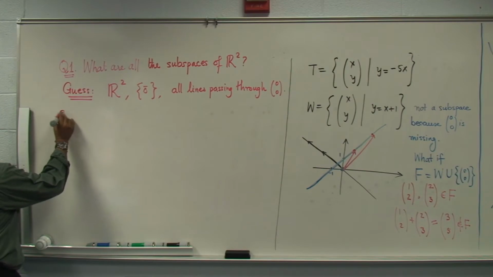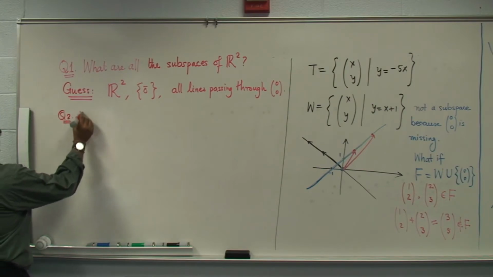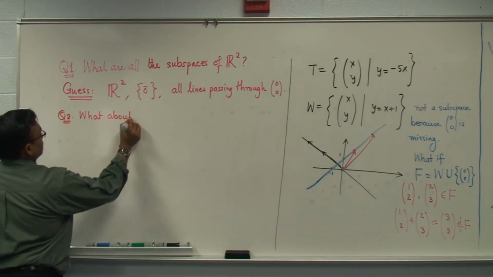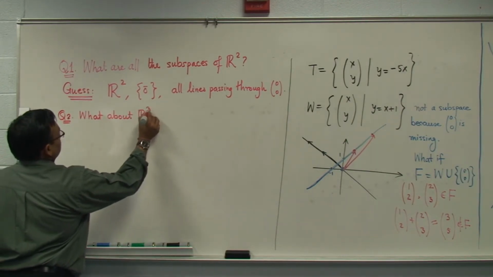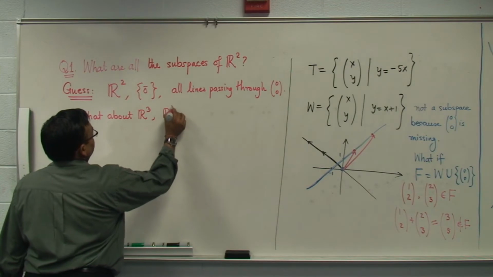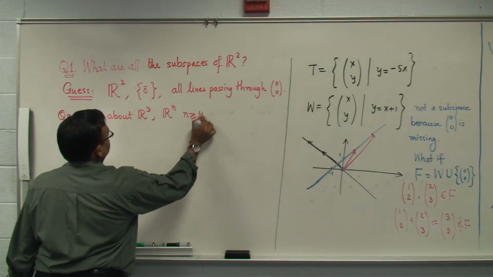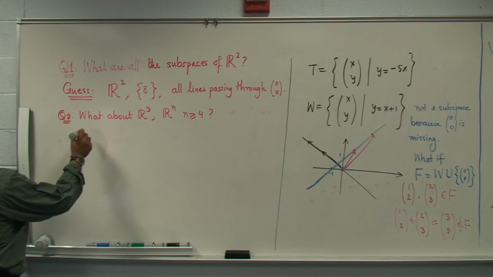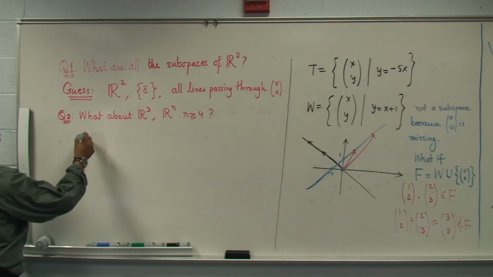And then the next question would be, what about R3 and Rn in general? What kind of subspaces will these have? So let's talk about R3 a little bit, and hopefully that will help us make a guess for Rn.